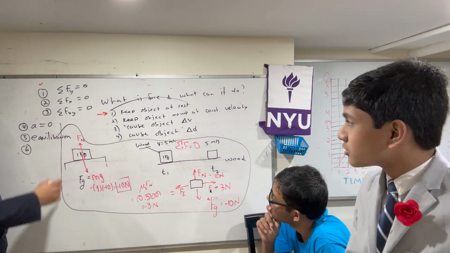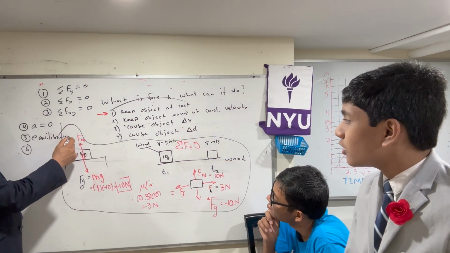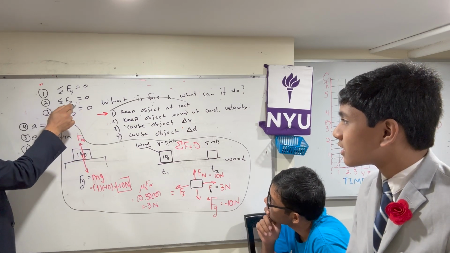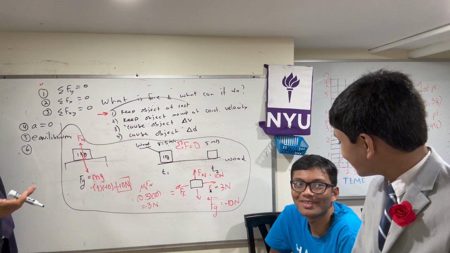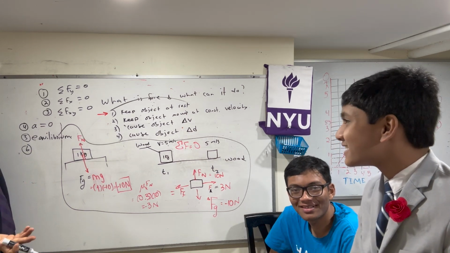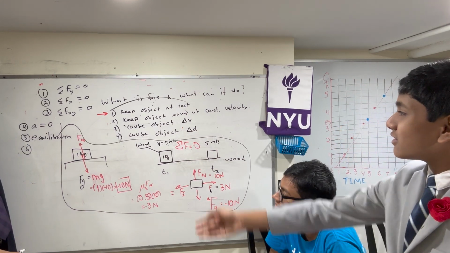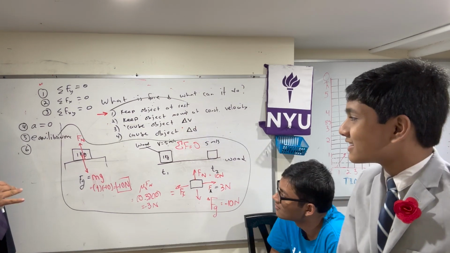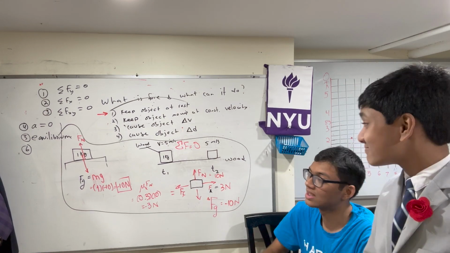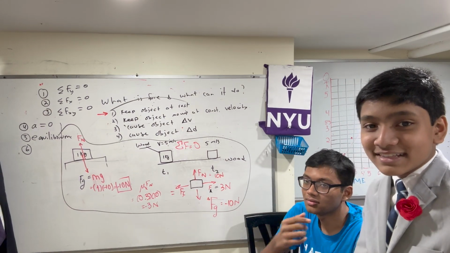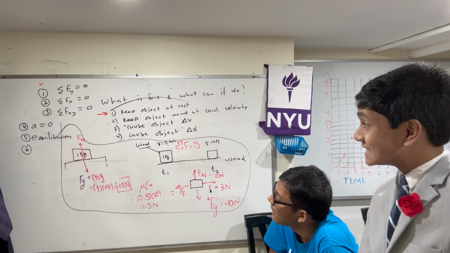Equilibrium is the qualitative way of saying it, and this is the mathematical way. Sometimes in the exam it's written equilibrium, and a student needs to understand that when force is zero, it is equilibrium.